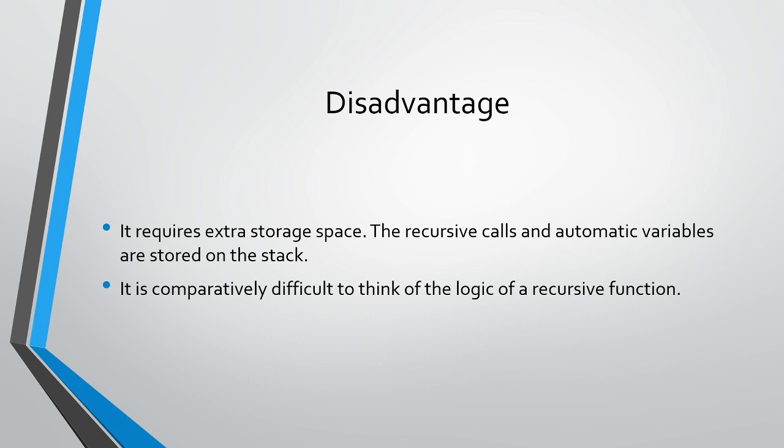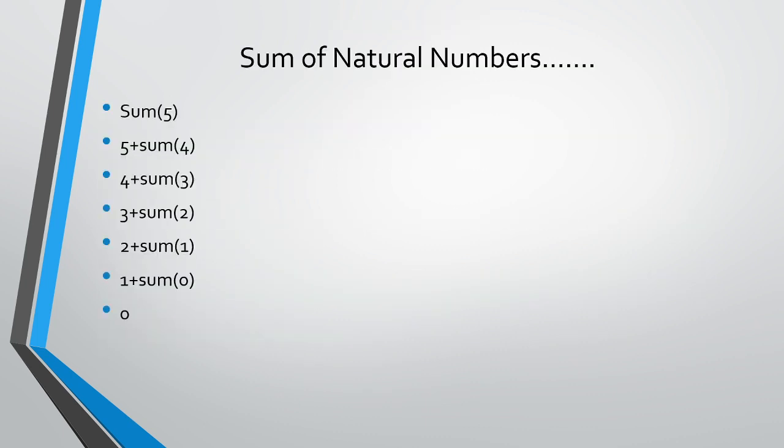You will be studying the stack in more detail later. So just understand it's a memory where the information is stored, and it uses the last in first out technique. So elements will be removed in the order last in first out. You can see the example in this program itself.